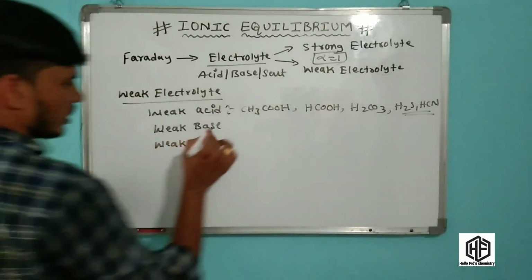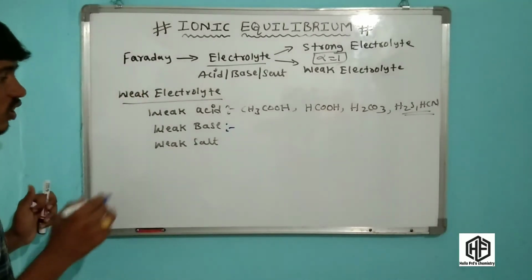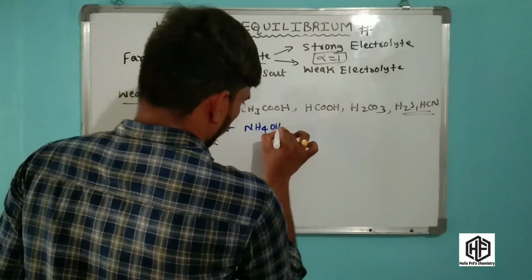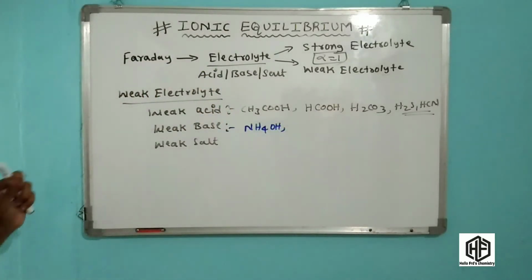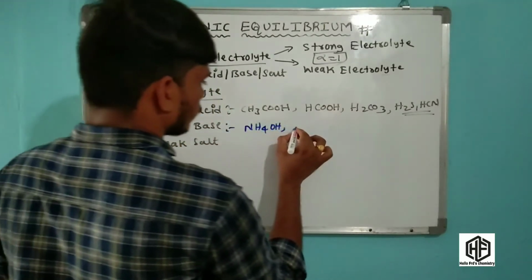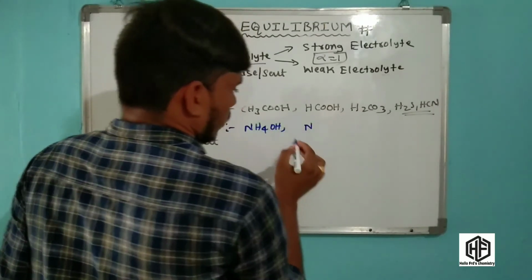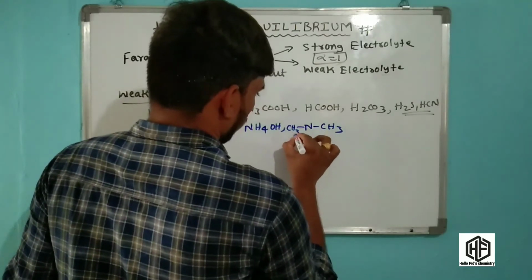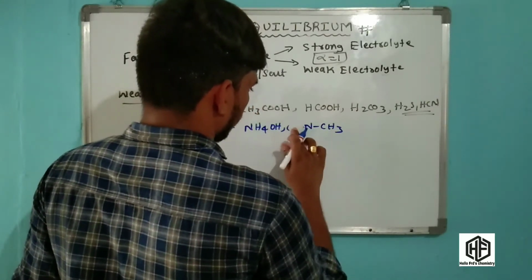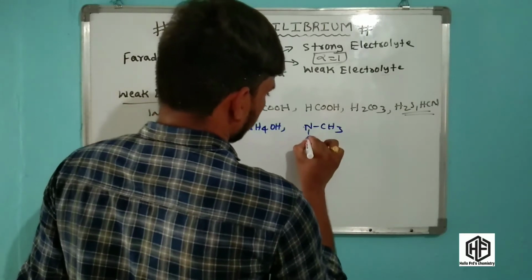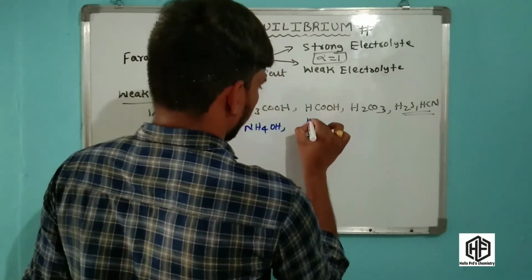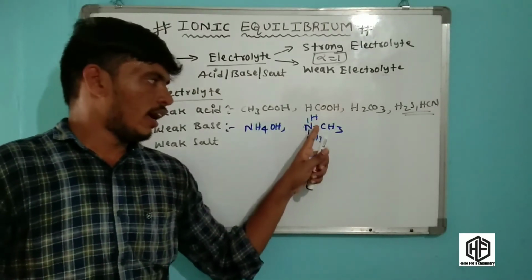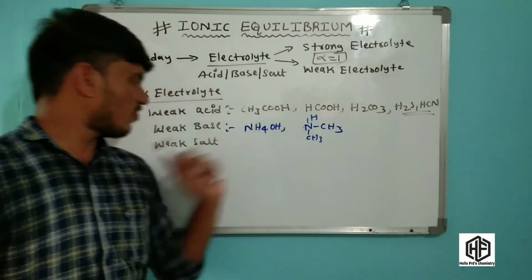Now what is a weak base, friends? An example of a weak base is NH4OH. NH4OH is a weak base. The next one is a secondary amine, NH(CH3)2, dimethylamine. Dimethylamine is a weak base.